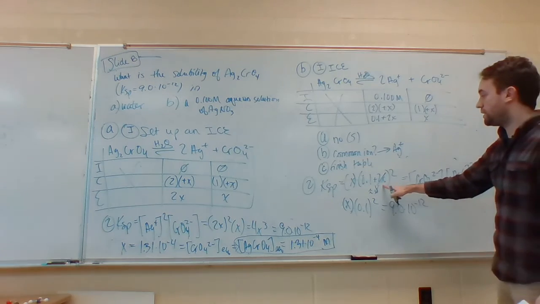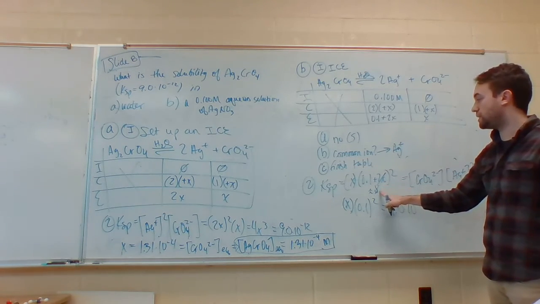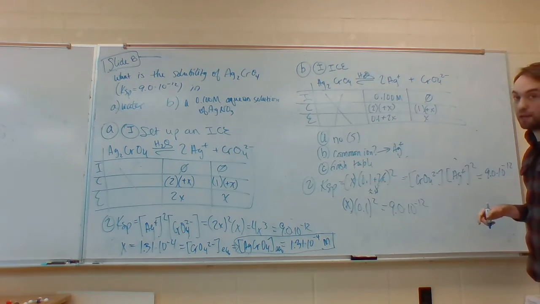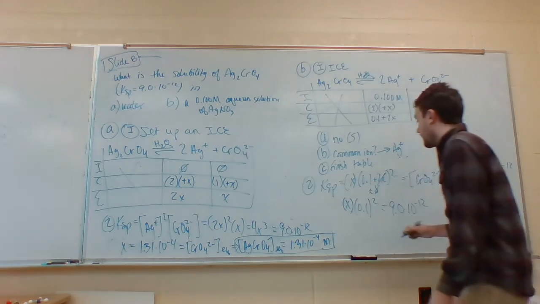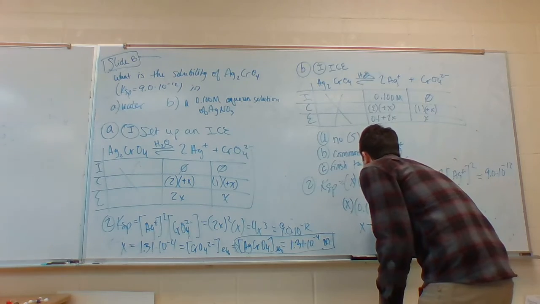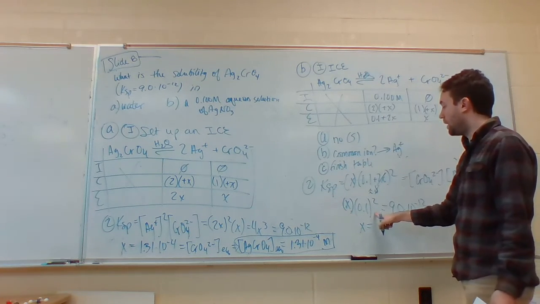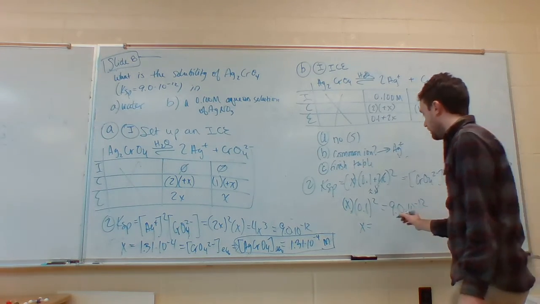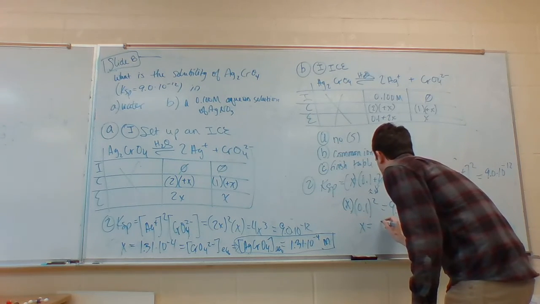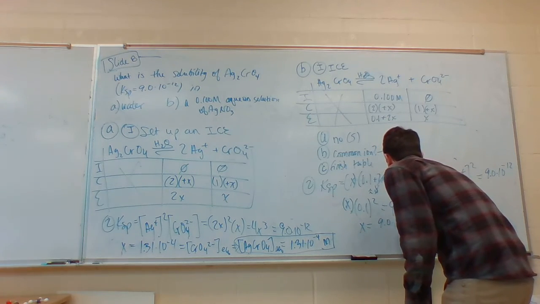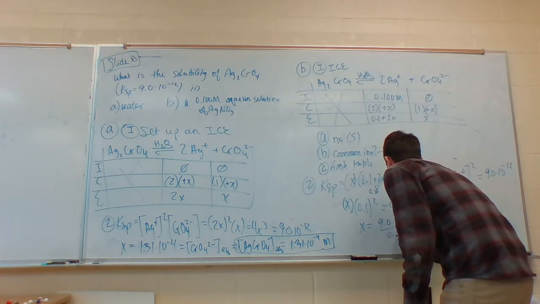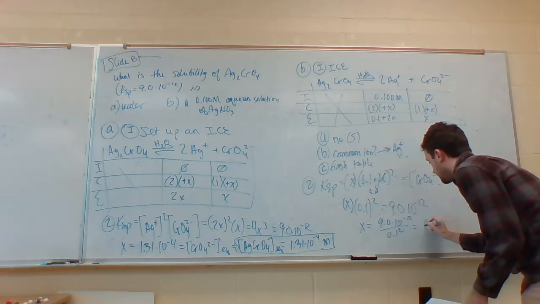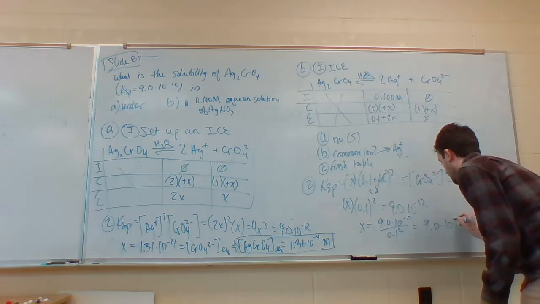All I've done here is say that that 2x was approximately 0, which is going to simplify that equation. Now, I simply divide by 0.1 squared. So 9.0 times 10 to the negative 12 divided by 0.1 squared is equal to 9.0 times 10 to the negative 10th.